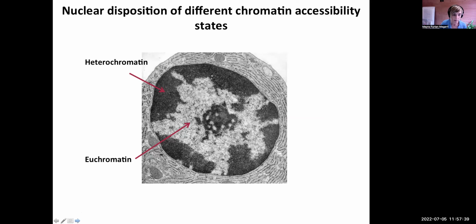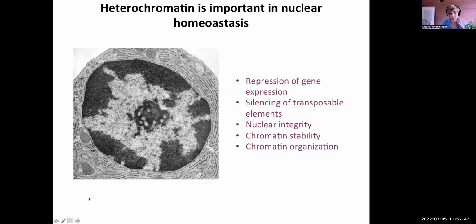Heterochromatin formation and maintenance is very important to sustain cellular homeostasis, so that heterochromatin regulates key events like gene expression, as it is a very repressive compartment of gene expression.